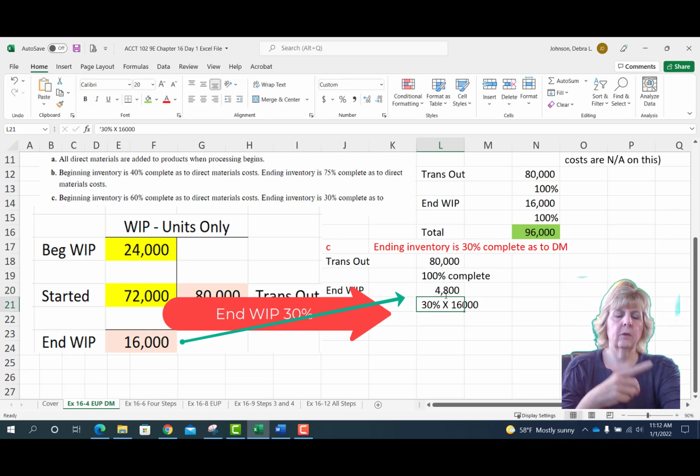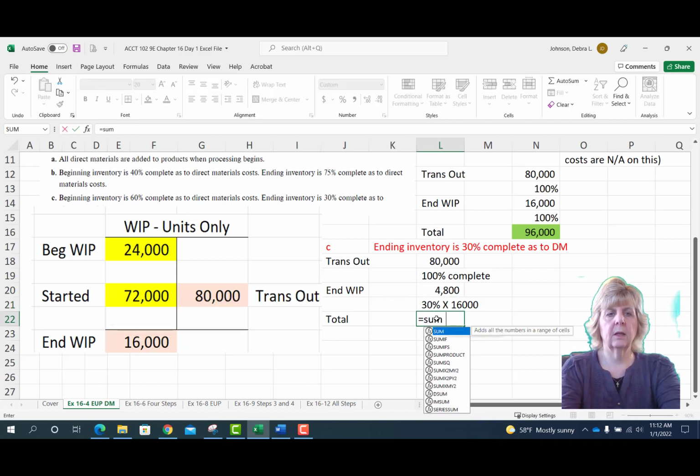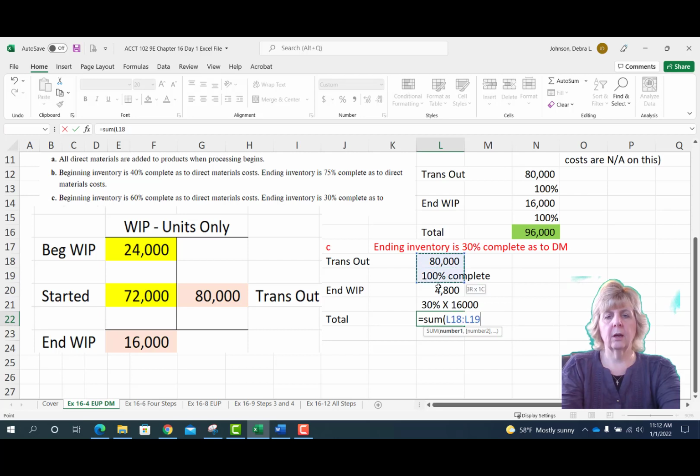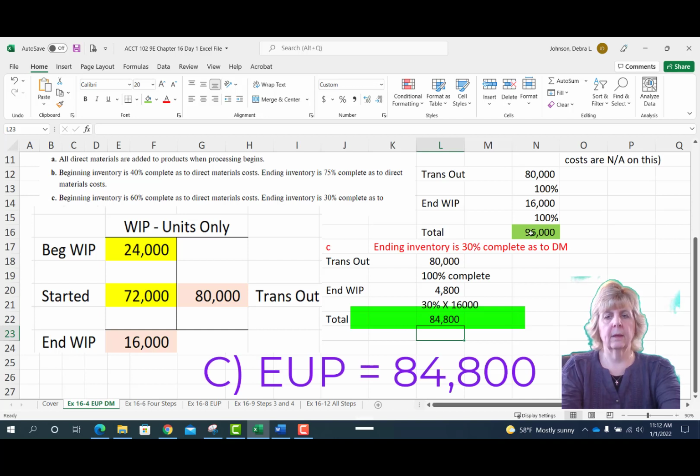Next month, those units will become the beginning WIP and they'll be completed in a subsequent month. So with the assumptions given in letter C, we have a total of 84,800 units.